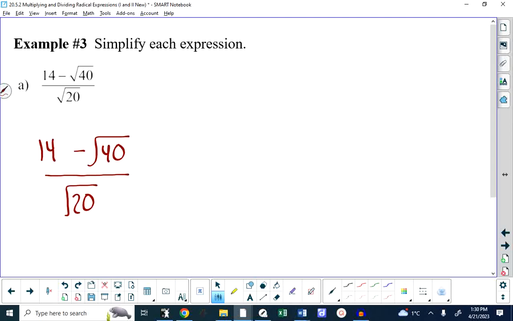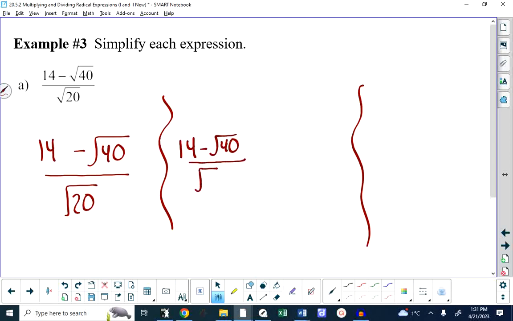So you can either rationalize first and then simplify, or simplify the radicals first and then rationalize. But if you simplify the radicals first and then rationalize, you may have to still simplify more radicals later. So my question to you is, we're going to actually do both, but I'm just curious, how many of you would prefer to take 14 minus root 40 over root 20 and do this?